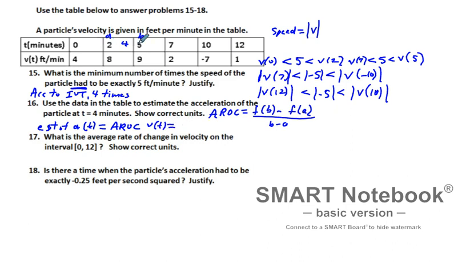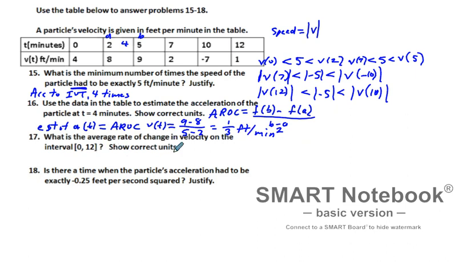And we're going to have 9, which is f of b, minus 8 over 5 minus 2, which is going to be equal to 1 over 3. So equals 1/3, and what are the correct units? Let's say feet per minute squared. Okay, so that's going to be our estimate of acceleration.